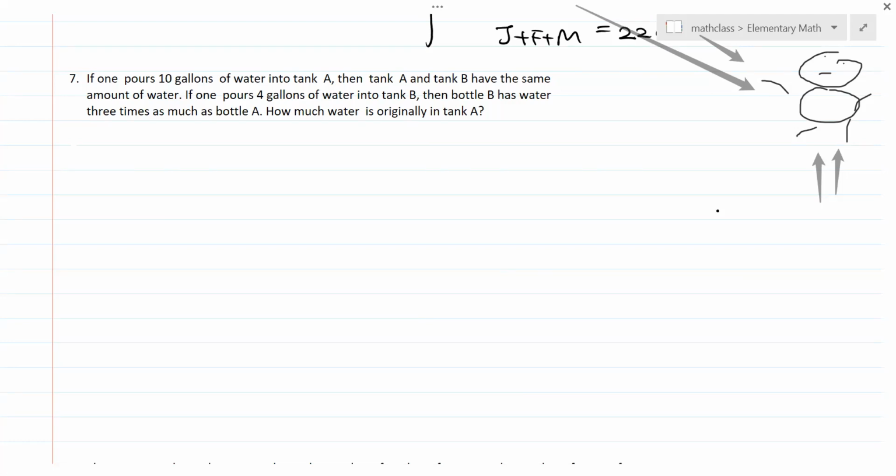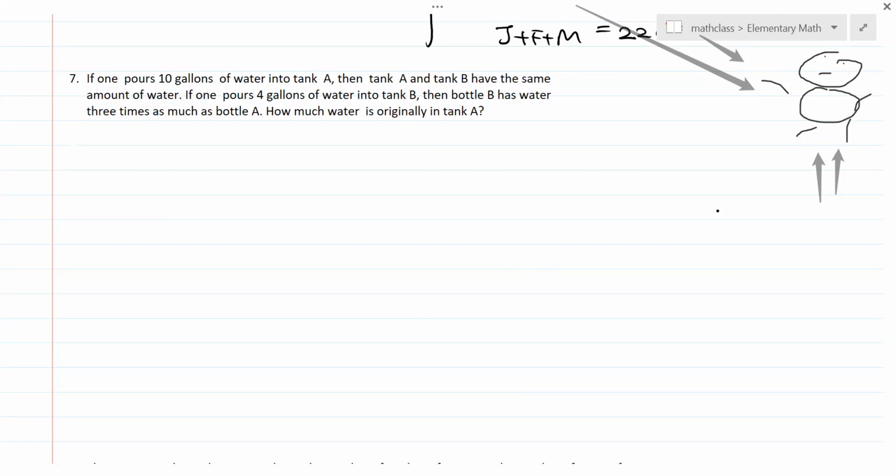All right, so here's the problem. If one pours 10 gallons of water, that's two different conditions here, into tanker A, then tanker A and tanker B has the same amount of water.